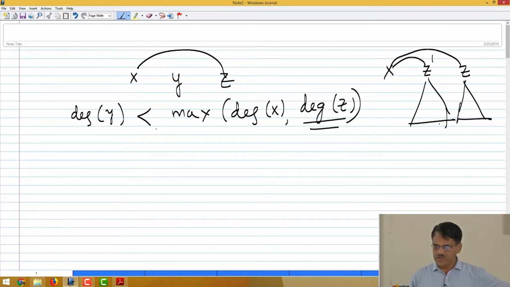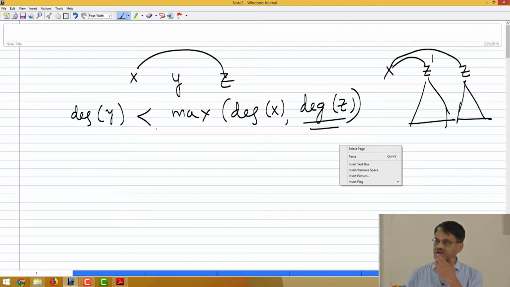Okay, so I want to prove two things: that this new graph has more edges, and it also does not have a complete graph on m plus 1 vertices. Right? That it has more edges is clear, right? Because degree of z is strictly more than degree of y. I removed y and added a higher degree vertex and added more edges. Okay, it also cannot have a complete subgraph on K_{m+1}, because how will it have?